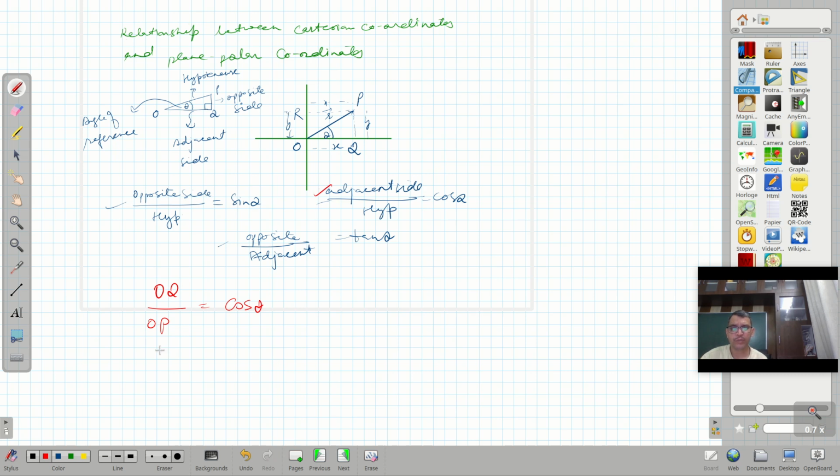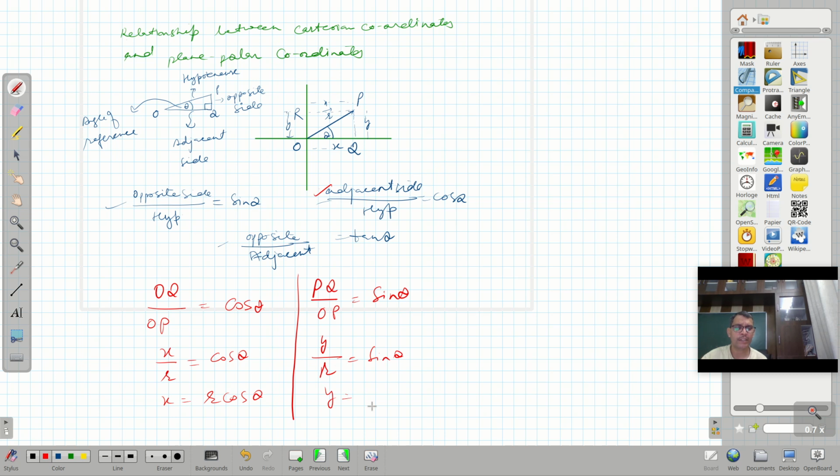OQ is basically x, and OP is r. So x is equal to r cos theta. Similarly, y over r is equal to sine theta.